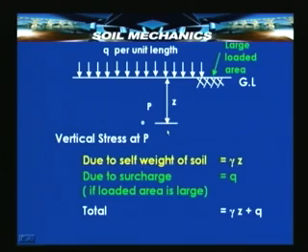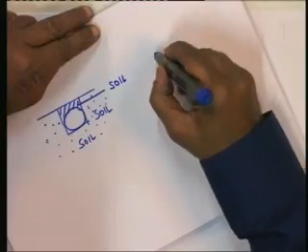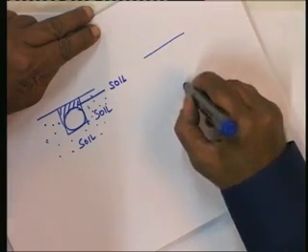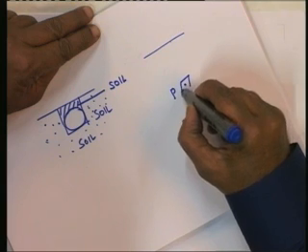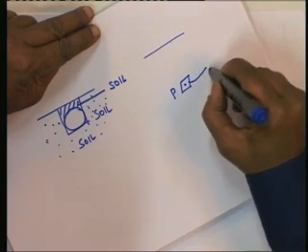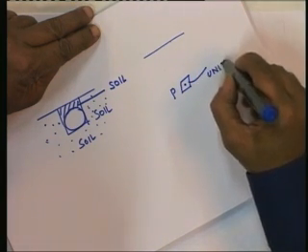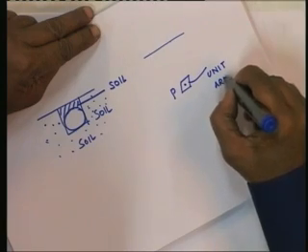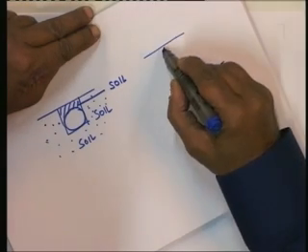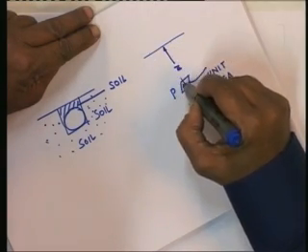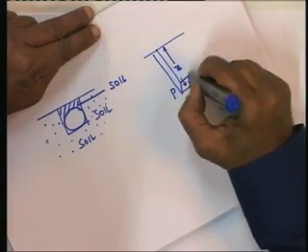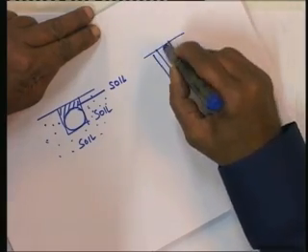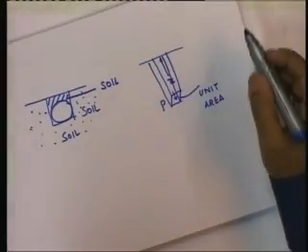So, effectively, let me draw a diagram. We will be considering at depth a point P, a unit area around the point P which is at a depth Z, and then consider the volume of soil that is enclosed inside this parallelepiped.